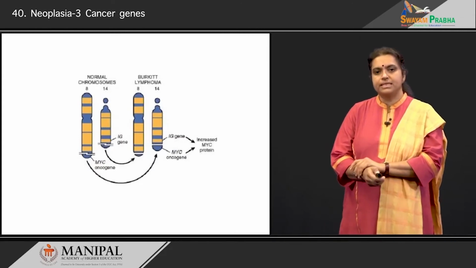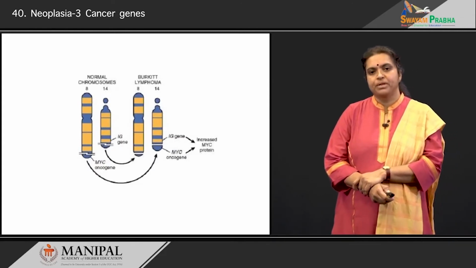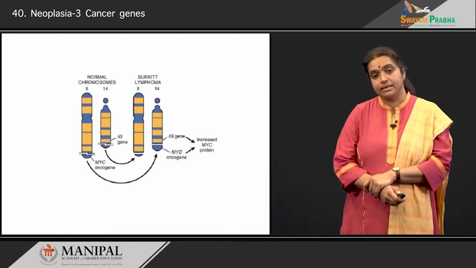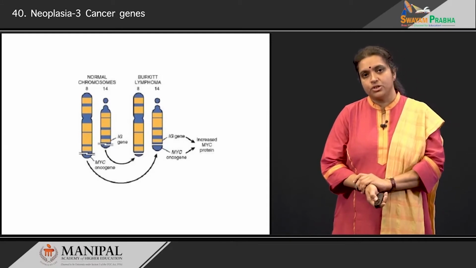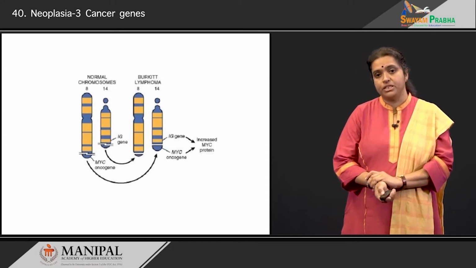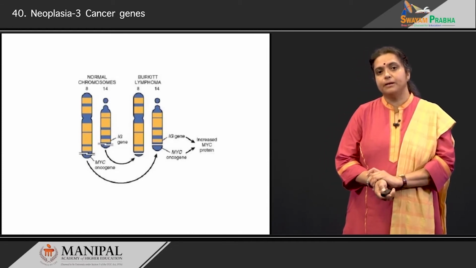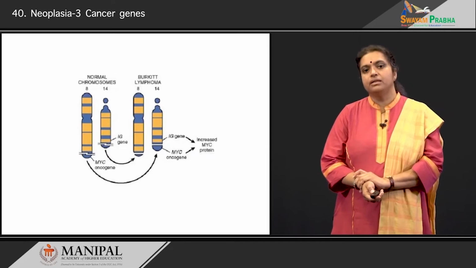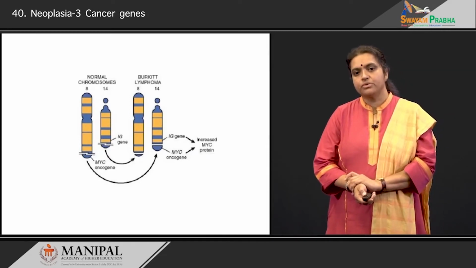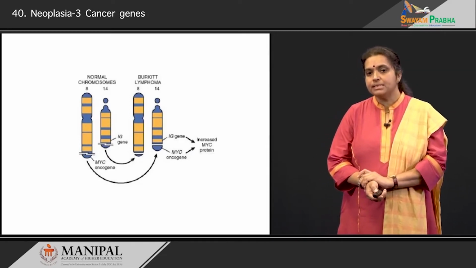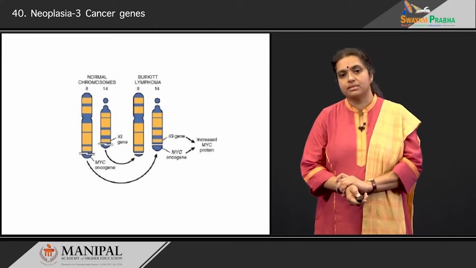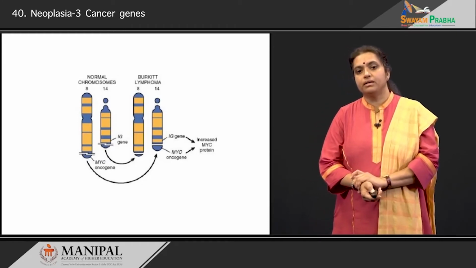The first example is that of Burkitt lymphoma. It is a very aggressive lymphoma that affects children, very common in the African population. Here, there is a translocation between chromosome 8 and chromosome 14 that places the MYC oncogene, which is normally present on chromosome 8, next to an immunoglobulin gene present on chromosome 14.